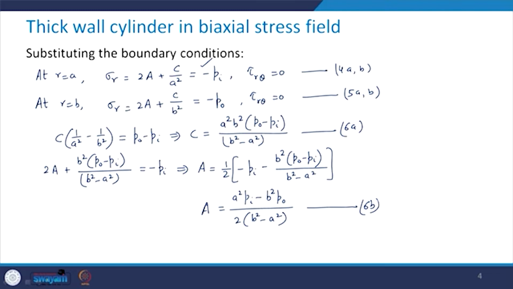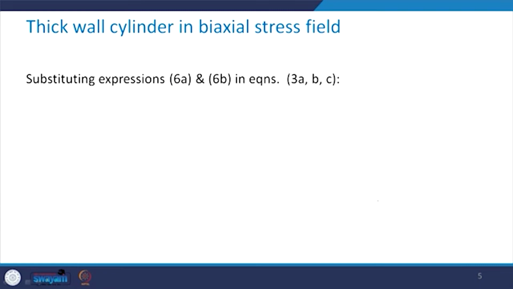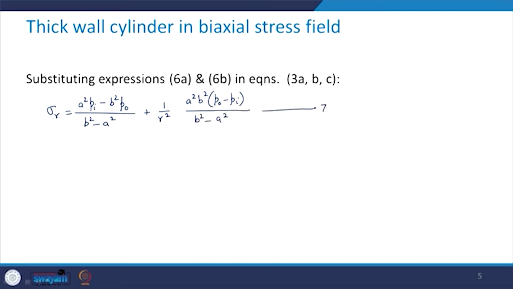Now, you substitute these expressions 6a and 6b in equations 3a, 3b and 3c. This is what you are going to get: sigma r will be equal to a square pi minus b square p naught divided by b square minus a square plus 1 upon r square a square b square p naught minus pi divided by b square minus a square. This is 7a.